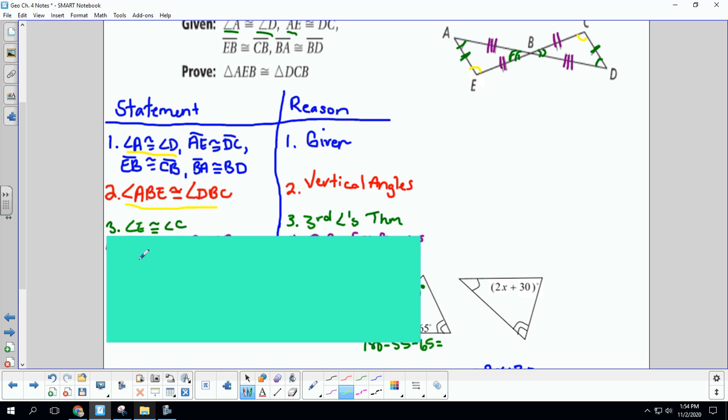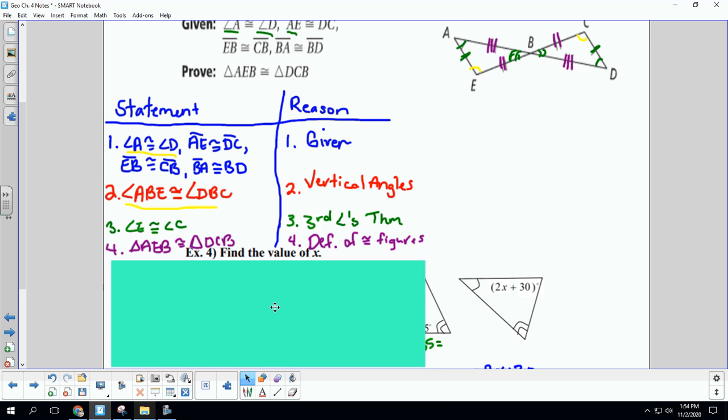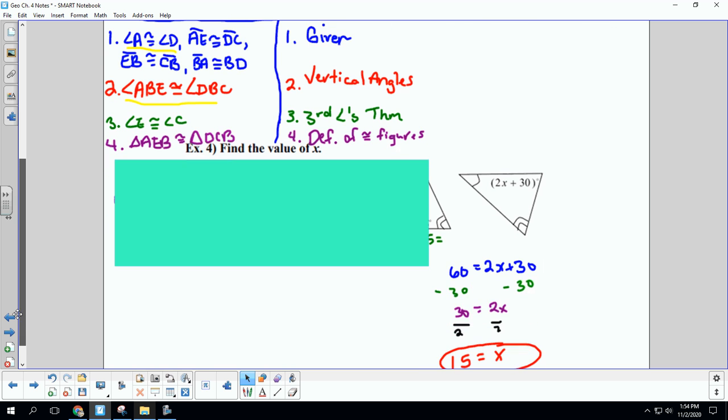And then once I have that declared, I can say that triangle AEB is congruent to triangle DCB, because that's the definition of congruent figures. Once you've called everything to be congruent, matched everything up, then you can say that the figure is congruent.